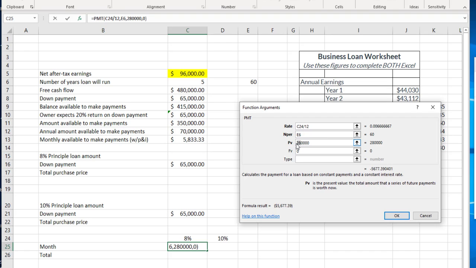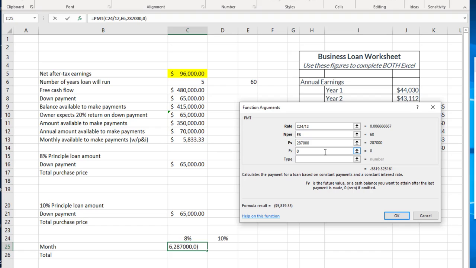What about 300? Nope, that's too high. 290. 280. Okay, so it looks like it's 58, 59, 57. See, this is still, for me, this is still faster than algebra.